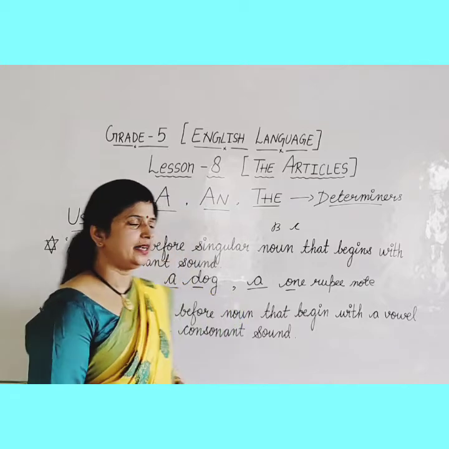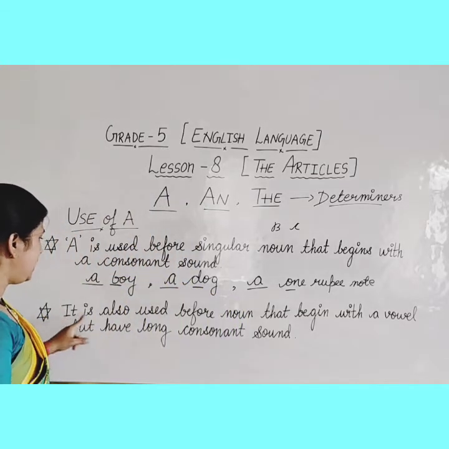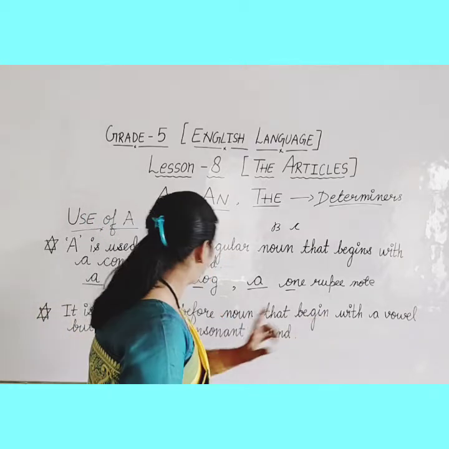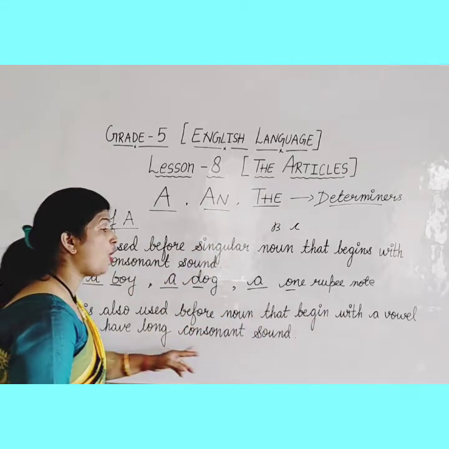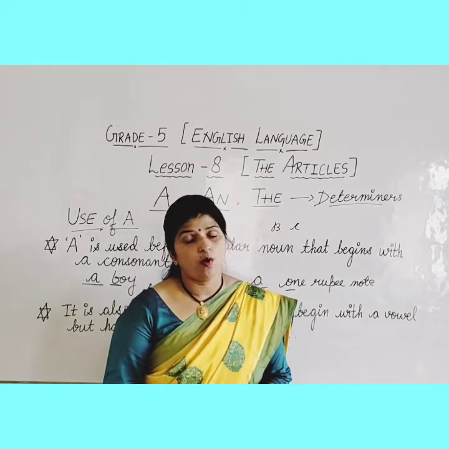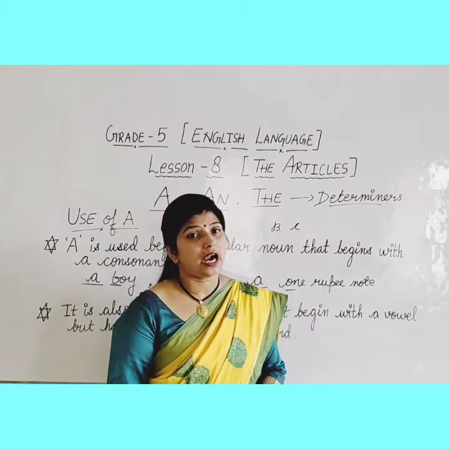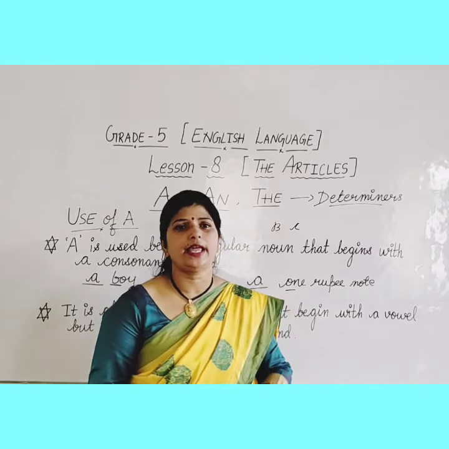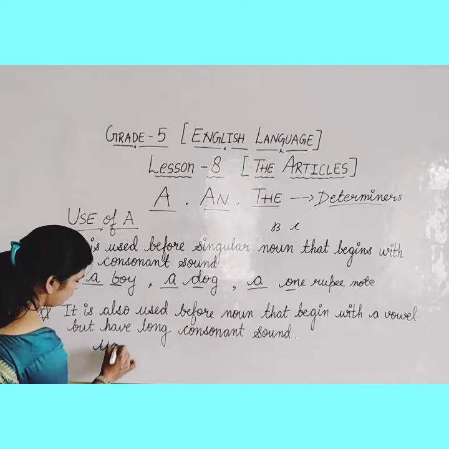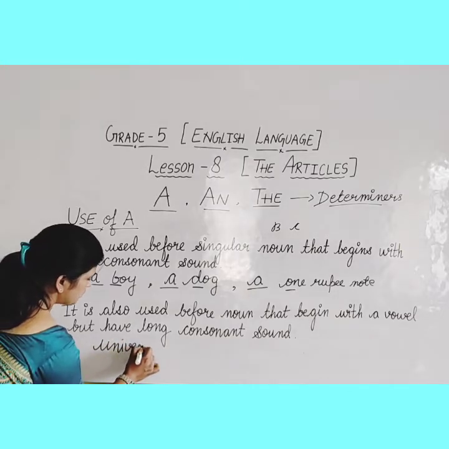My dear student, now the second rule is that a is also used before a noun that begins with a vowel but has a long consonant sound. So if any noun is starting with a vowel, suppose I say university, university.